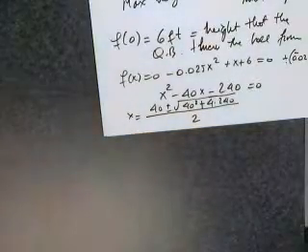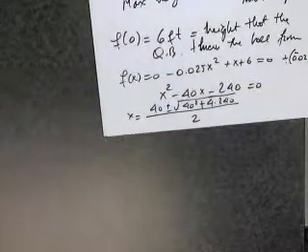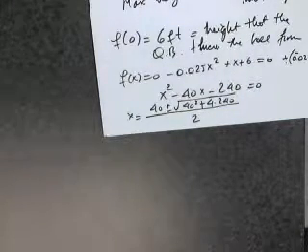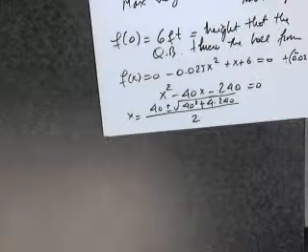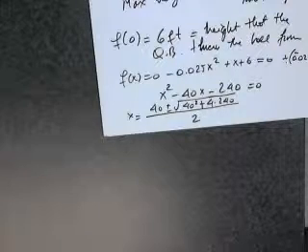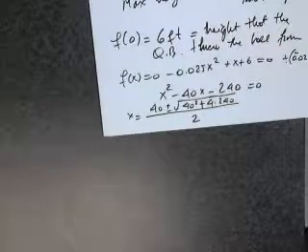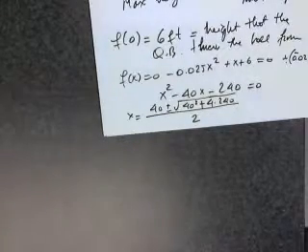So now in the graphing calculator, I will have in parentheses 40 plus the square root of 40 squared plus 4 times 240.